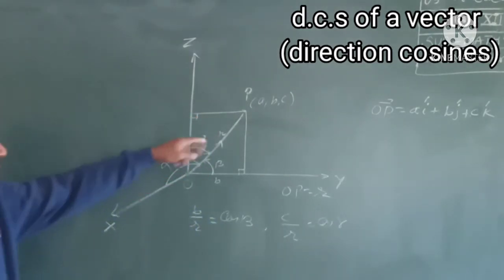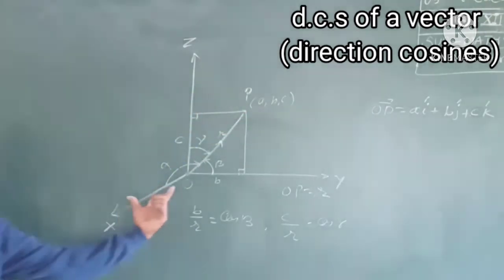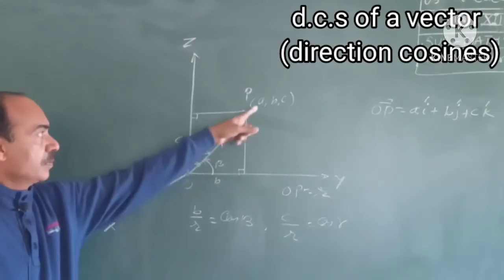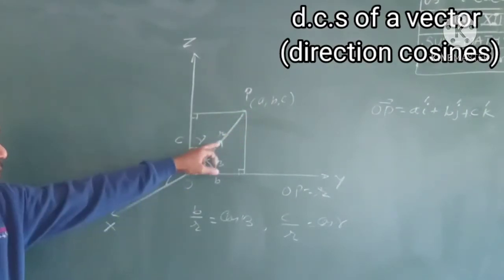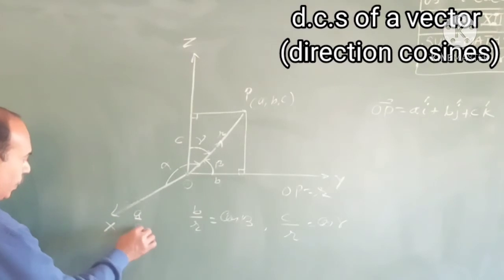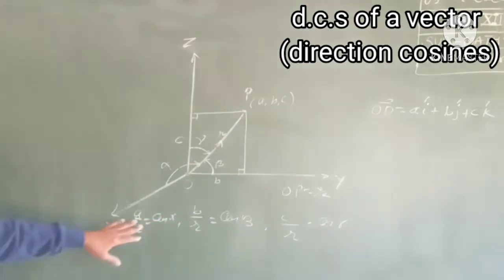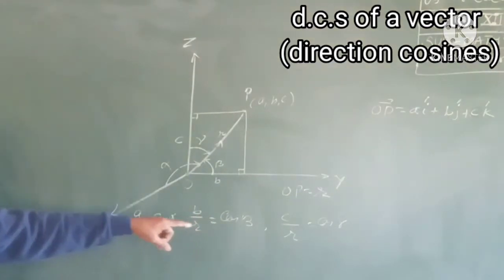And same as if we draw a perpendicular from P to the x-axis, we get base A, and A by R is cos alpha. So A by R is cos alpha, B by R is cos beta, and C by R is cos gamma.